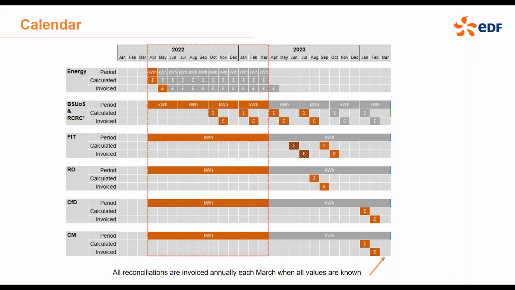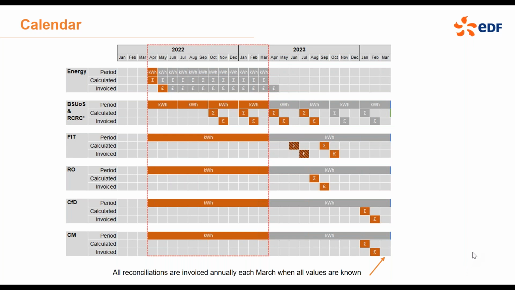The industry went into the April 21 to March 22 period thinking that it could be a cost of around £8 a megawatt hour. It actually turned out to be a negative value for that whole period, which is why you've seen such a significant credit value, and that's overall ensured that the total value of your reconciliations has been a credit.